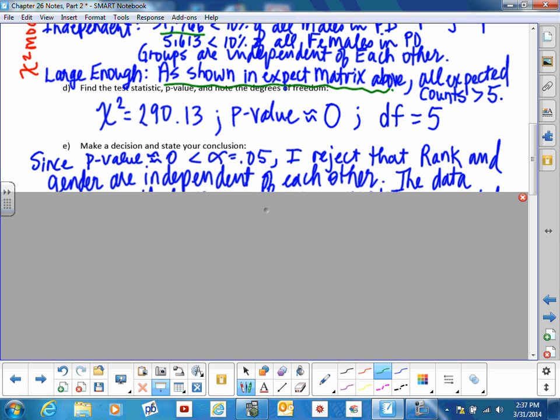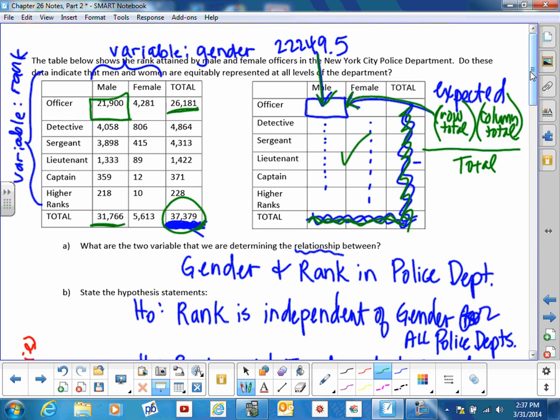There's some connection. Now, I pretty much answer the question verbatim. It's always nice to rely on and reference exactly what they ask you, because then you feel comfortable that you're answering exactly what they want. The question being: do these data, I know we don't like that, indicate that men and women are equitably represented in all levels of the police department?